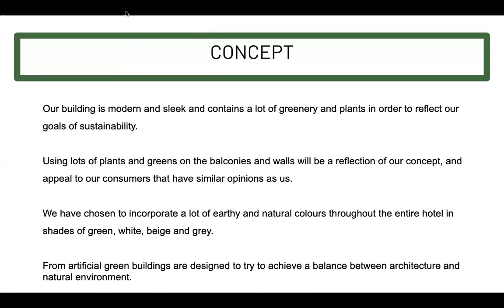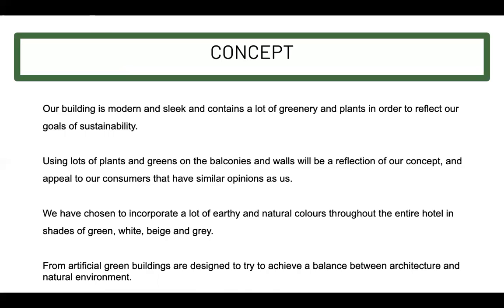Our building is modern and sleek and contains a lot of greenery and plants in order to reflect our goals of sustainability. Using lots of plants and greens on the balconies and walls will be a reflection of our connection and appeal to our consumers that have similar options as us.